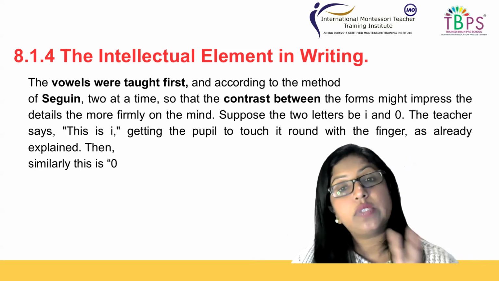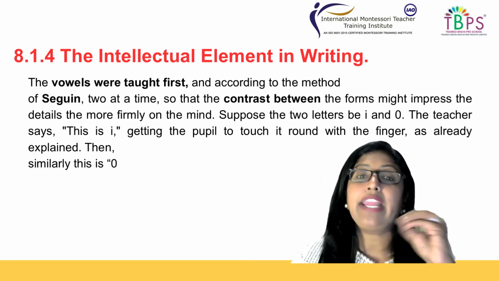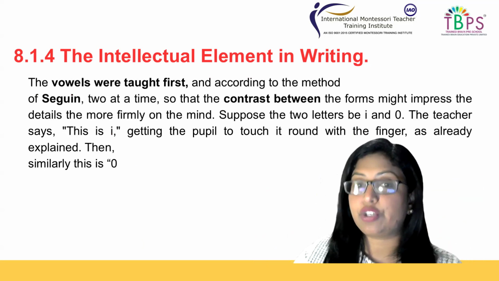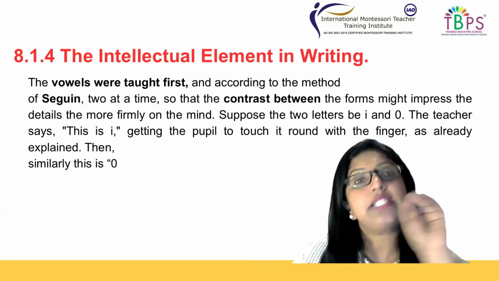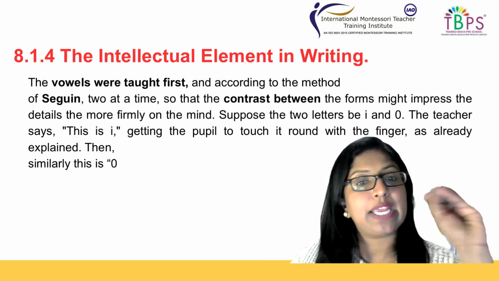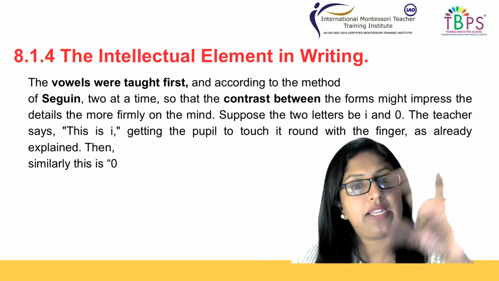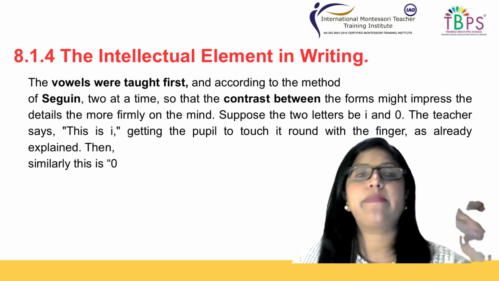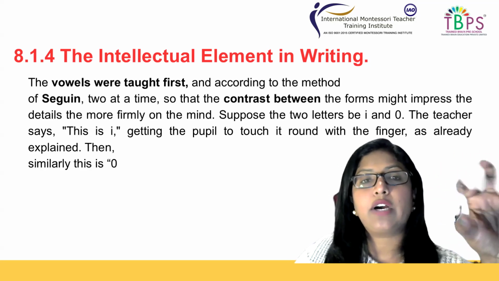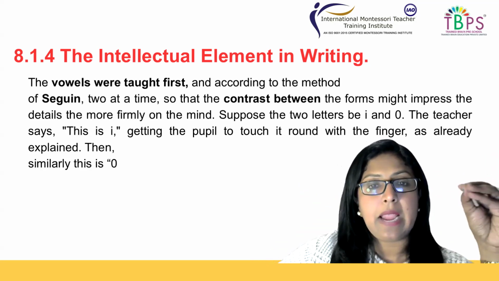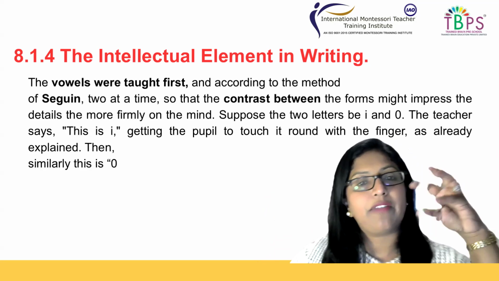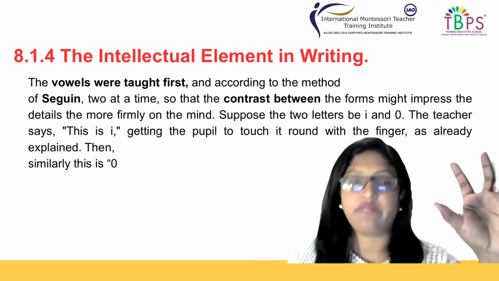Now, I can use different methods to teach children also. Suppose I'm using the sequence method, just like the Montessori method, we have the sequence method. Edward Seguin is his name. In the sequence method, you don't work with A, B, C, D, E, F, G. We don't go that way. But what we always do is start by introducing the vowels.